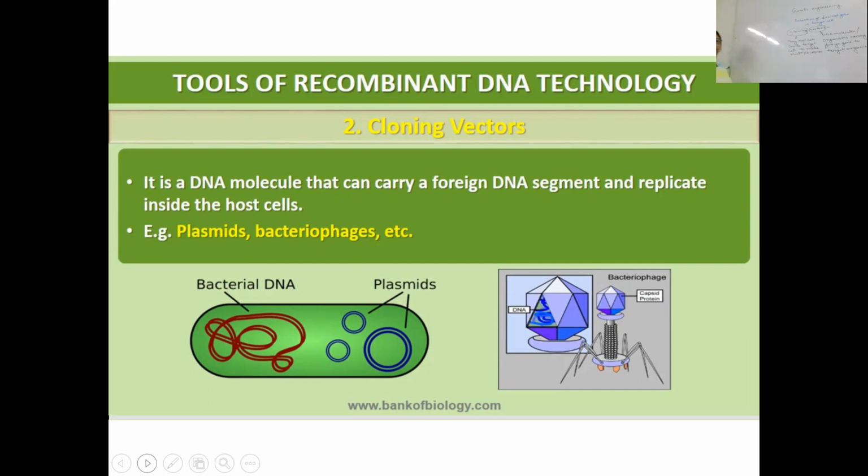So that's why I am calling them cloning vectors. So bacteriophages can be used as a cloning vector. The plasmids present in bacteria can be used as a cloning vector.